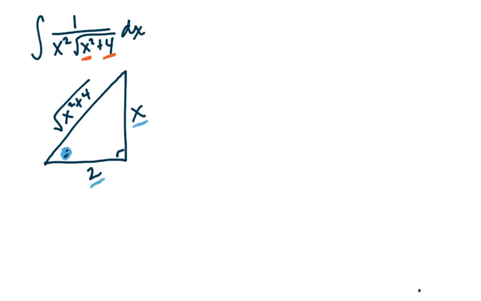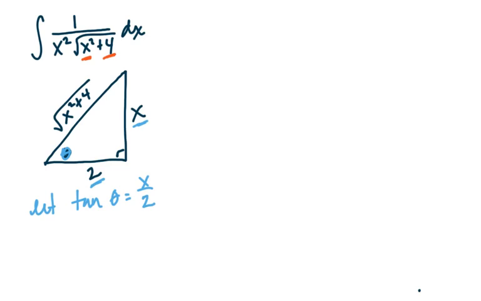So when I read those two values, I'm looking at tangent. So we're going to let tangent of theta equal opposite over adjacent. That's where I put the 2 where I did, because I didn't want to end up with the 2 on top and the x on the bottom.